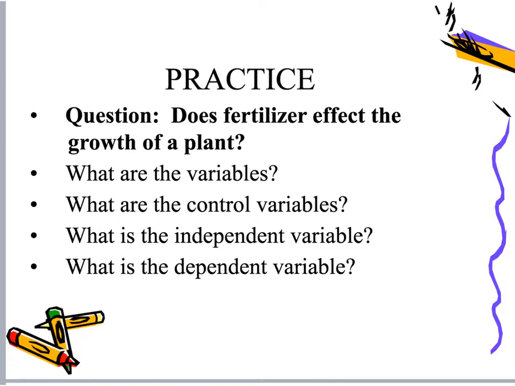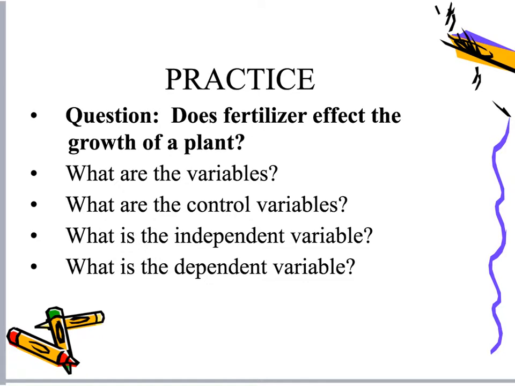Okay, so what I'd like you guys all to do now is in your notes, we're going to practice. So here's the question. Does fertilizer affect the growth of a plant? So the very first thing I want you to do in your notes is list all of the different variables that exist that could affect the growth of the plant. Then what you're going to do is you're going to identify the variables that are the controlled variables if you were to actually set up this experiment.